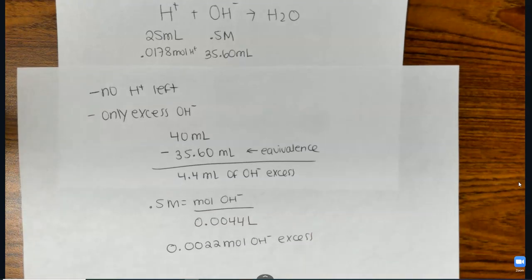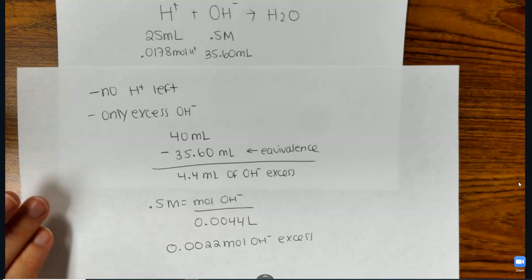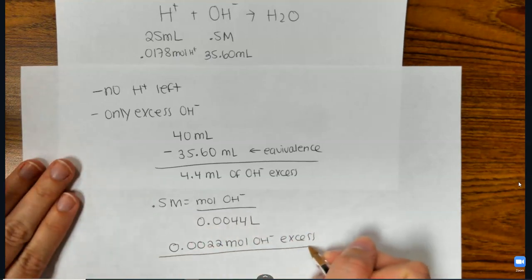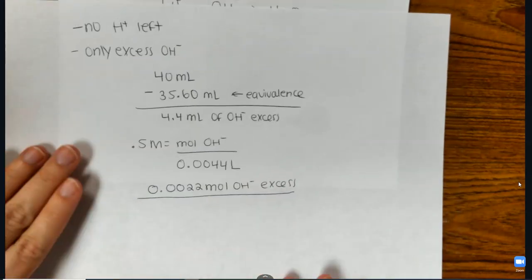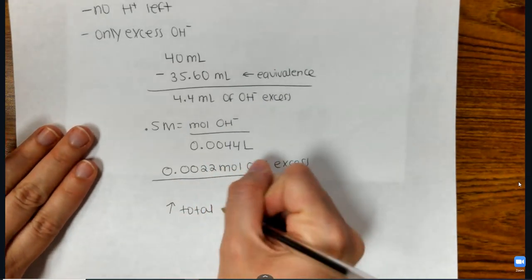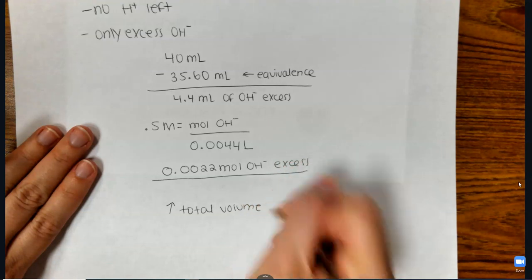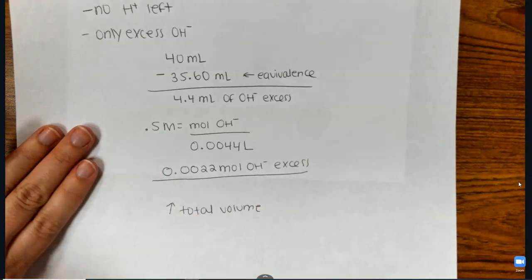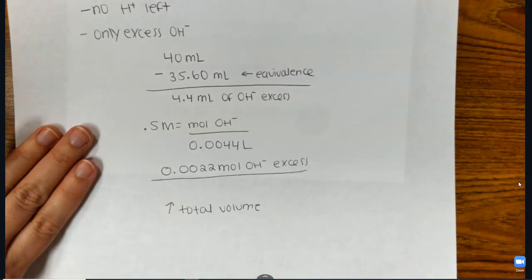I'm trying to find the pH, so I need to get this into molarity. Molarity is moles divided by liters. And like before, you need to think about what the total volume is right now. It has to be the total volume. It's not just 0.5, because once you add that base into the flask, there's other stuff in it, and so the molarity goes down; it gets diluted.